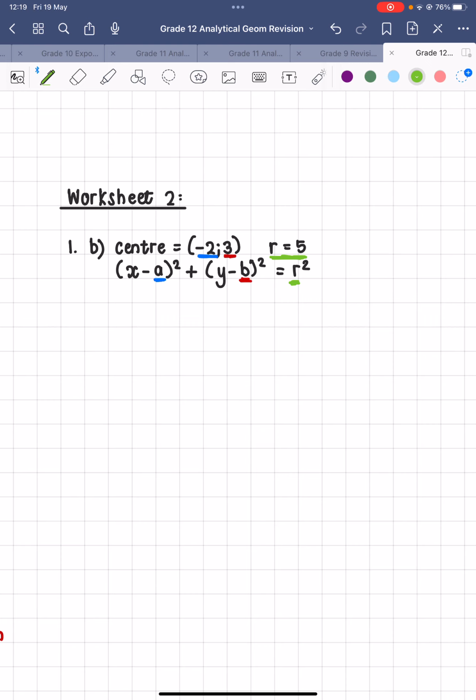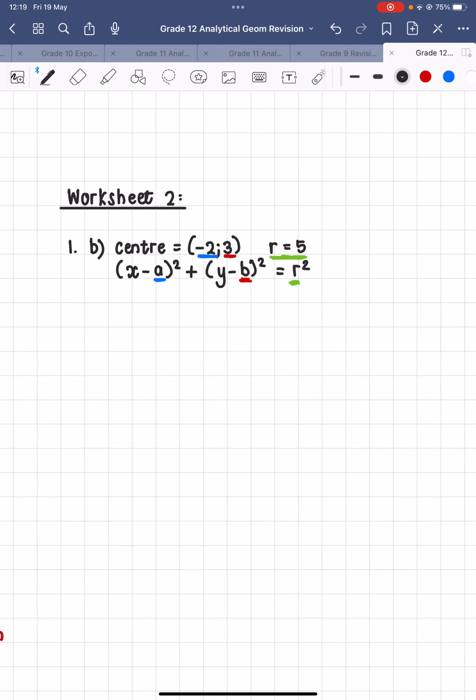So we have all the information that we need, guys, to write down the equation of this circle. We don't actually have to do any calculations. We just need to remember that (a, b) is the center, and that is the radius there.